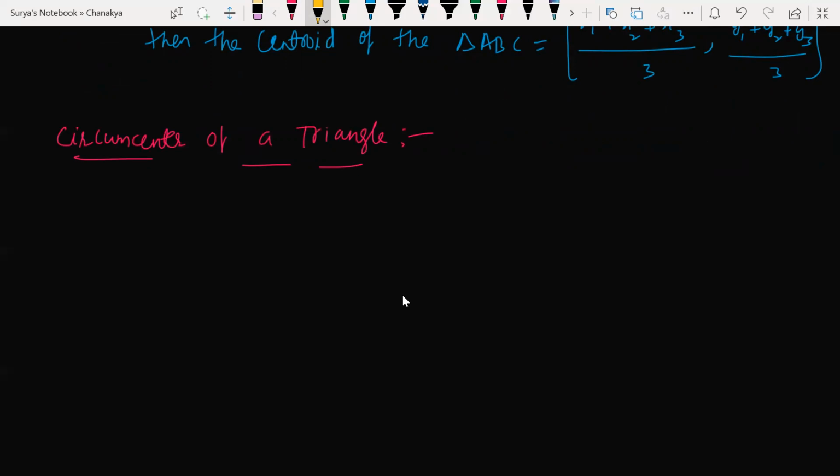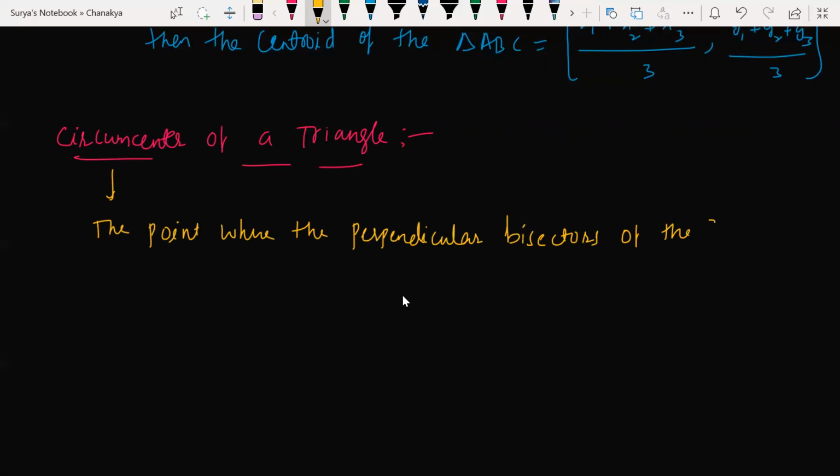So what it is basically is the point where the perpendicular bisectors of the sides of that particular triangle intersect.